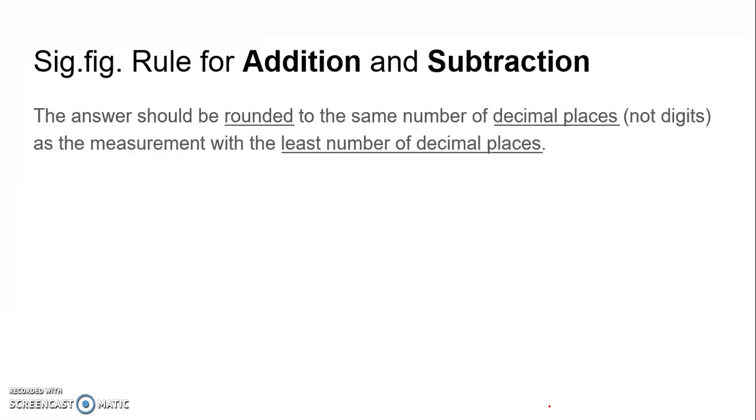Now, significant figure rule for addition and subtraction. The answer should be rounded to the same number of decimal places, not digits, as the measurement with the least number of decimal places. So with addition and subtraction, the answer must be rounded to the same number of decimal places of the least number of decimal places.